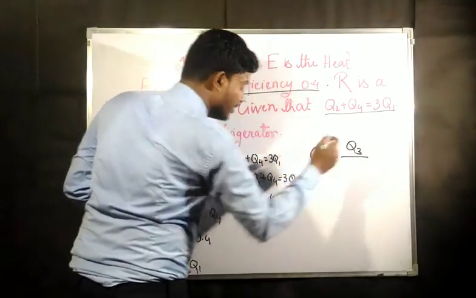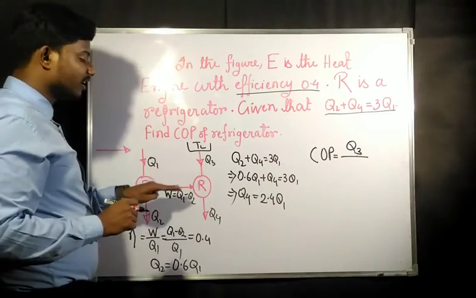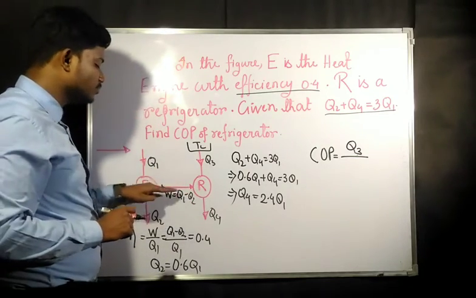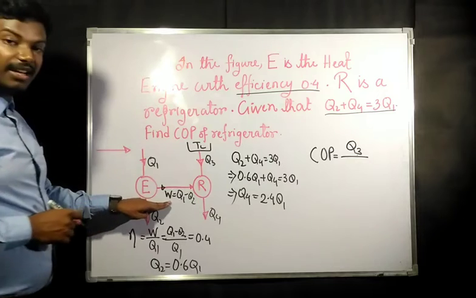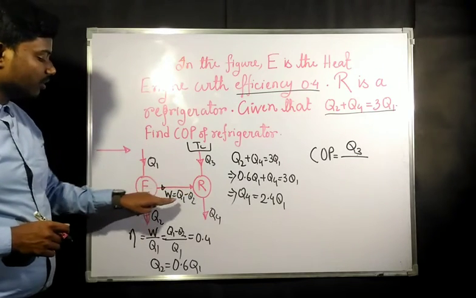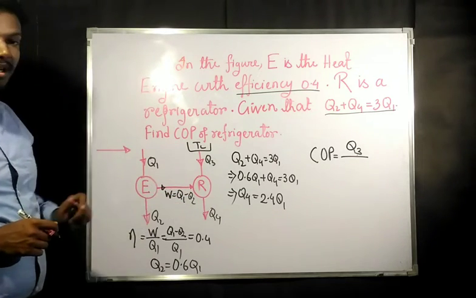And in the denominator is the input energy you are giving. The input energy you are giving is W, that is work. So what is W here? W is Q1 minus Q2.